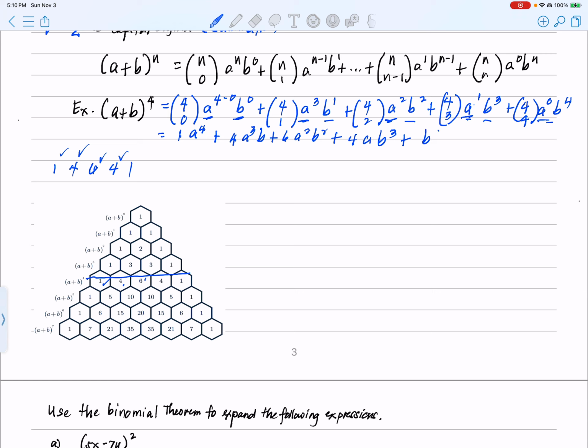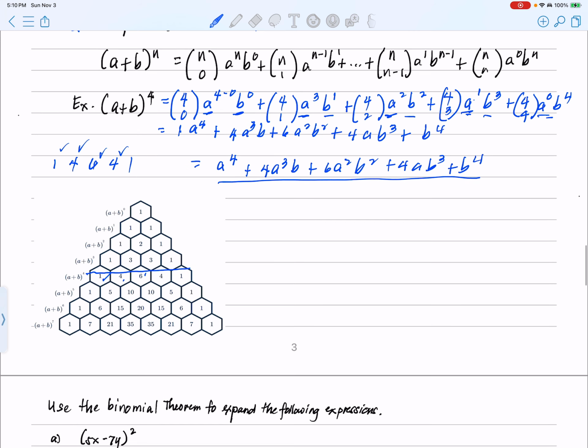So to finalize the answer, this will be a to the 4th plus 4a cubed b plus 6a squared b squared plus 4ab cubed plus b to the 4th. And that is the expanded form of a plus b to the 4th power.